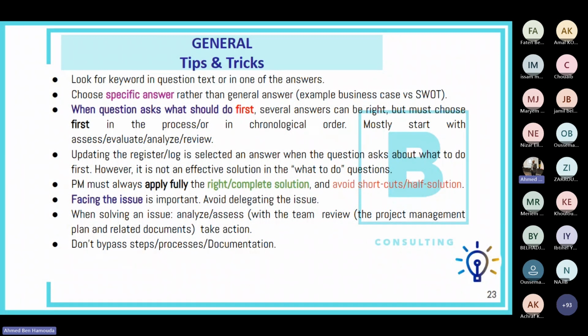One answer was to perform a business case, and another was to perform a SWOT analysis. Definitely, when we are thinking about deploying a new technology project, we need to perform a SWOT analysis. But also, SWOT was more specific than the business case. So that's why we recommend that you choose a specific answer rather than a general answer.